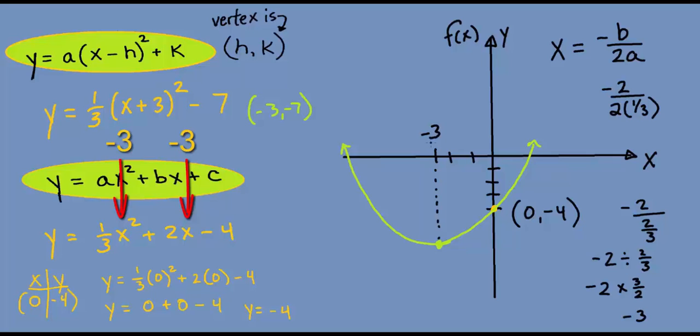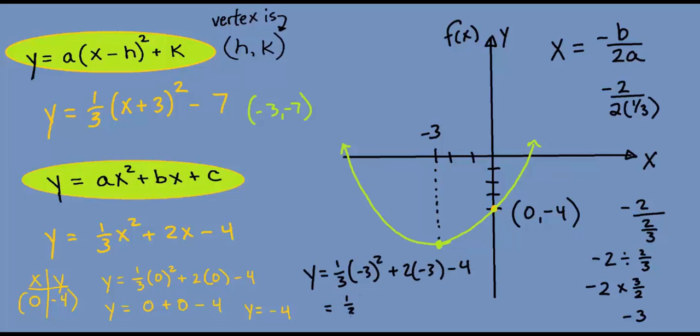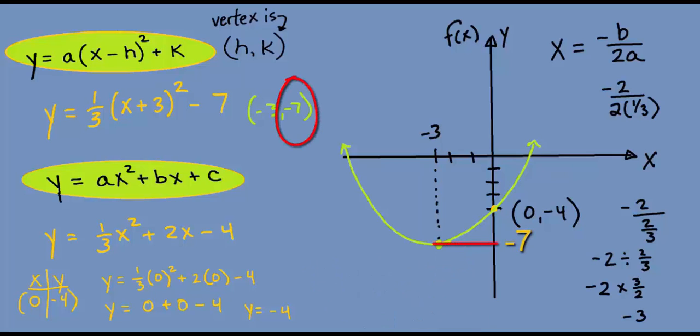So we input that into the equation, and the equation will spit out the y value for that x value. So we would plug that in. And there's our -7.